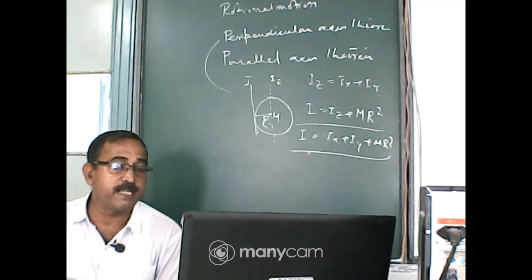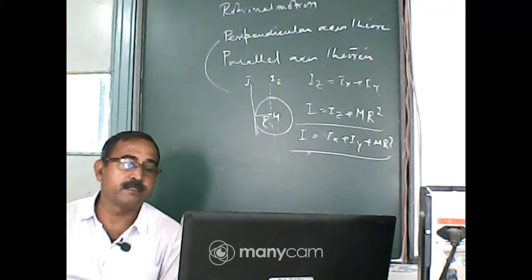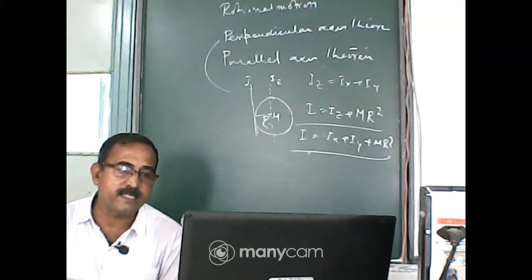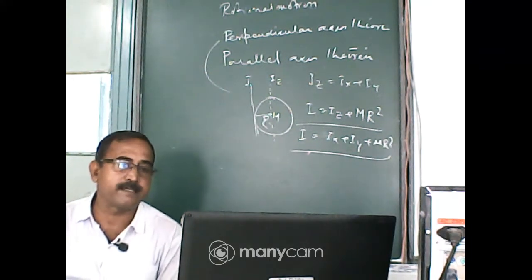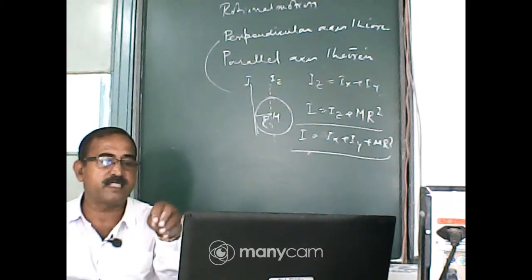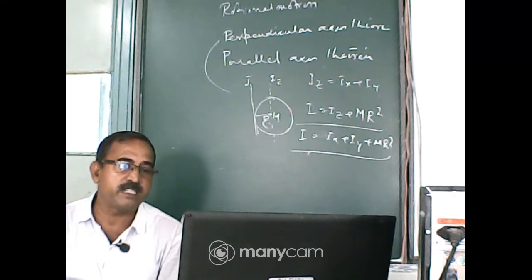Suppose you consider x and y are two axes on the same plane. So the moment of inertia along the x-axis, moment of inertia along the y-axis. You consider the mass is concentrated at the center, the distance from that is x, so mx square is the moment of inertia along the x-axis. my square is the moment of inertia along the y-axis.